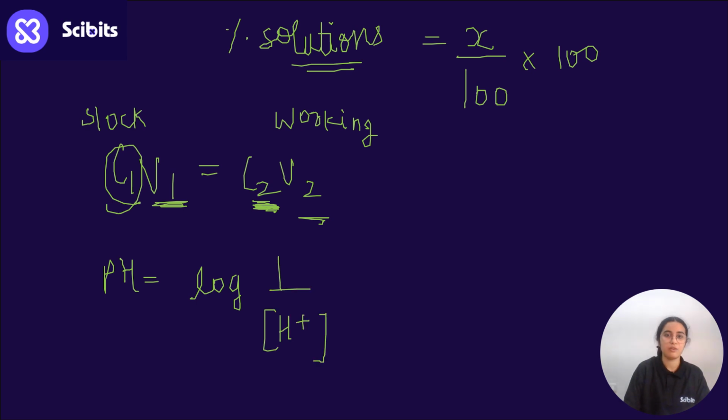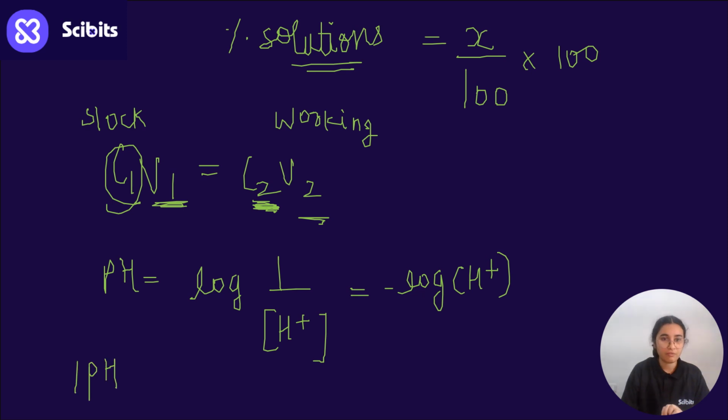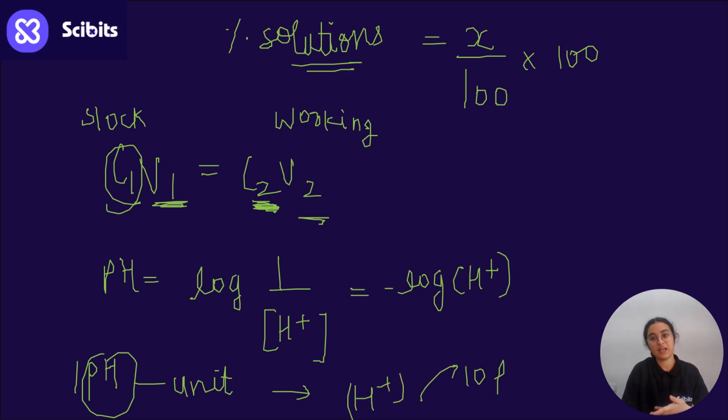If you have to find the pH of the solution, then what you have to do is take the negative log of the hydrogen ion concentration, or the log of the inverse of the hydrogen ion concentration. There is an important thing to note: if the pH changes by 1 unit, your hydrogen ion concentration will change tenfold because it's on the log scale.